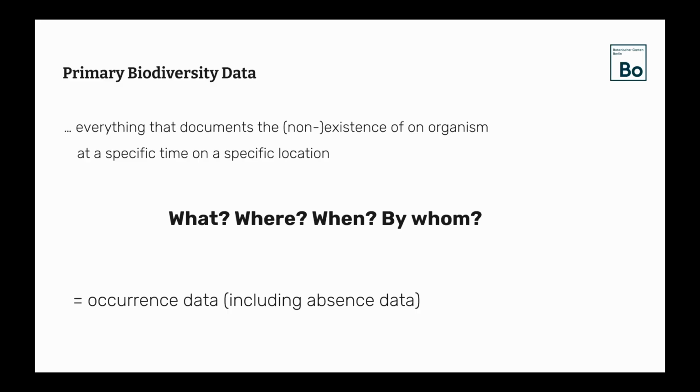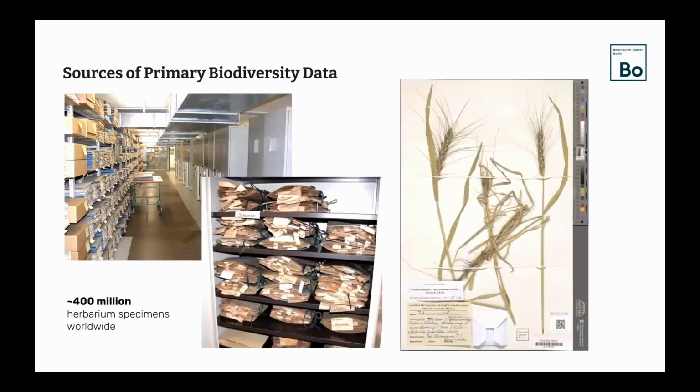So where does this information come from? Since I'm from the Botanic Museum, of course, the first thing that comes to my mind are the natural history collections, the herbaria. In Berlin, we have about 4 million herbarium sheets. A herbarium sheet is a dried plant mounted on a cardboard, attached with a label where all this information is recorded: who collected the specimen, where, and who identified the specimen.